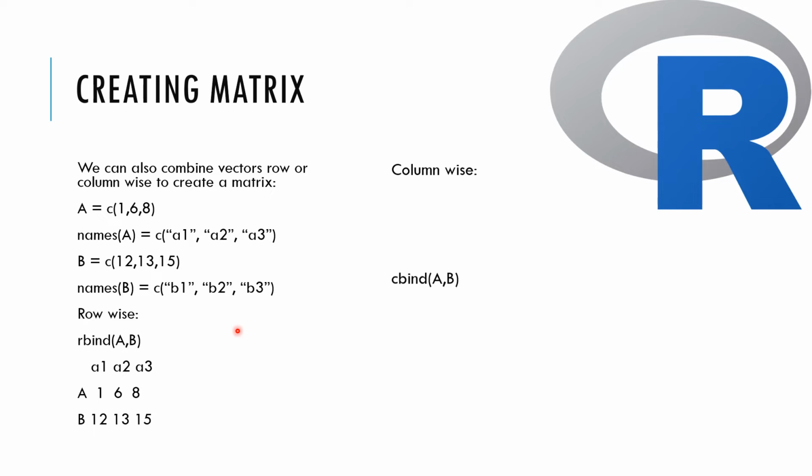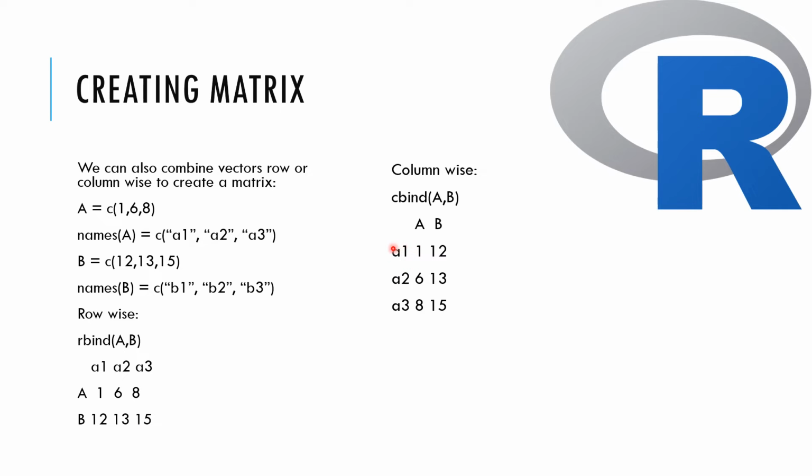Then if we create it column wise, we use the function cbind, and we are using those same two vectors A and B. Now A becomes the first column and B becomes the second column, as opposed to the previous example where A became the first row and B became the second row.